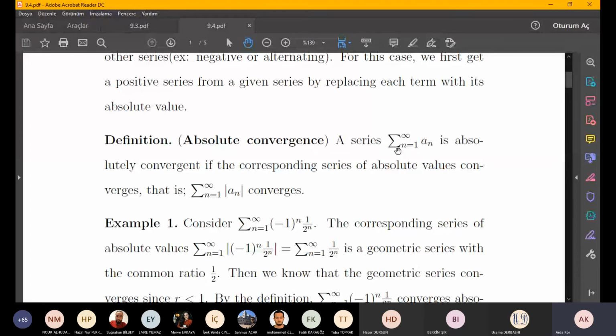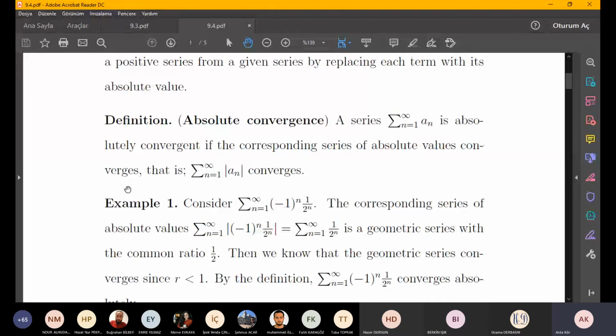So let's first define what absolute convergence is. A series with general term a_n is absolutely convergent if the corresponding series of absolute values converges.